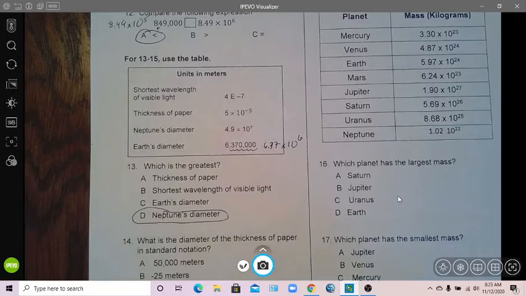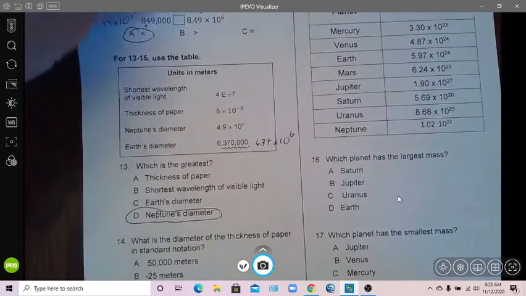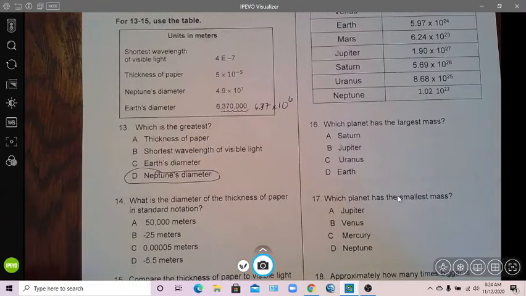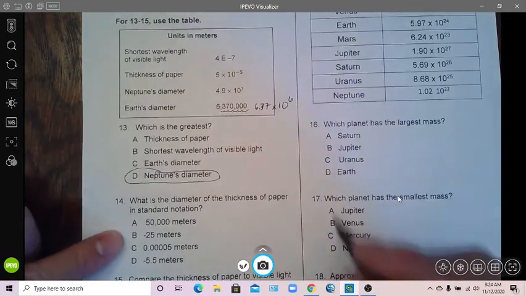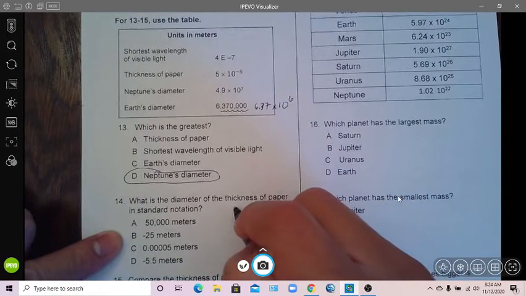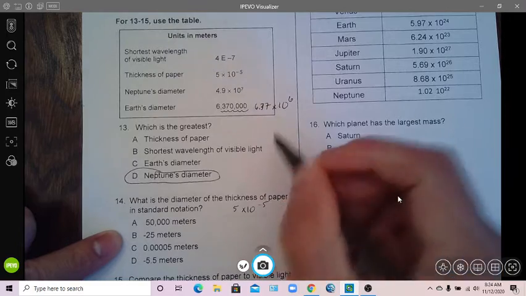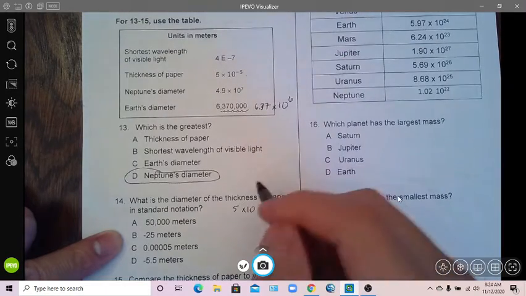All right, number 14. We also use this table. What is the thickness of paper in standard notation? So there's the thickness of paper. Okay, so I'm going to rewrite it here. 5 times 10 to the negative 5, thickness of paper.